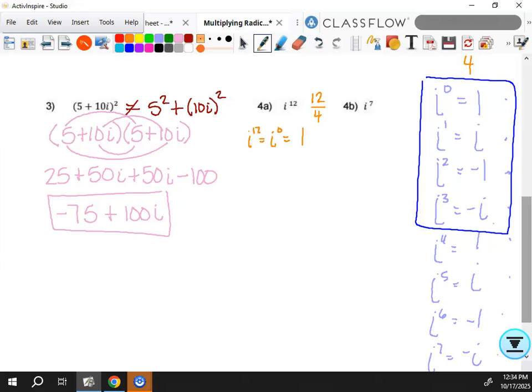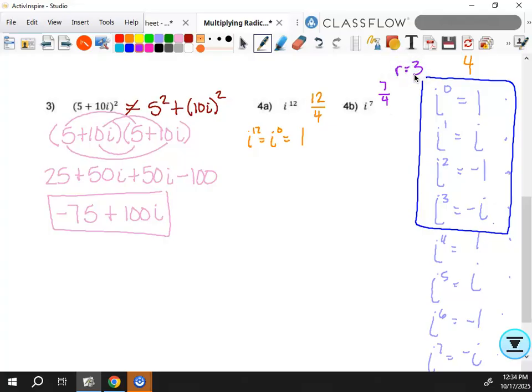So let's do 7. I take 7 and I divide it by 4. Now the difference between 4 and 7 is 3, but also when I divide, the remainder is 3, right? Somebody asked me, why do we care about the remainder on one and the difference on another? The remainder and the difference are the same if it only goes in there once, just so you know. But what we have here is that the remainder is 3.